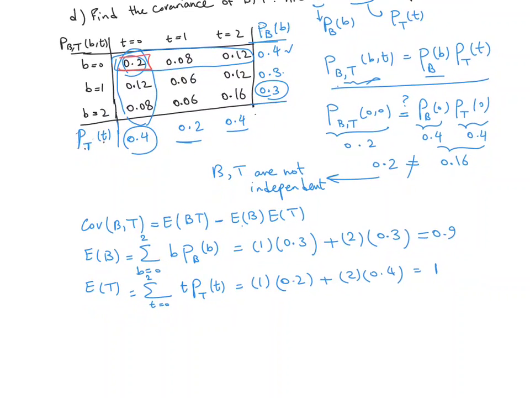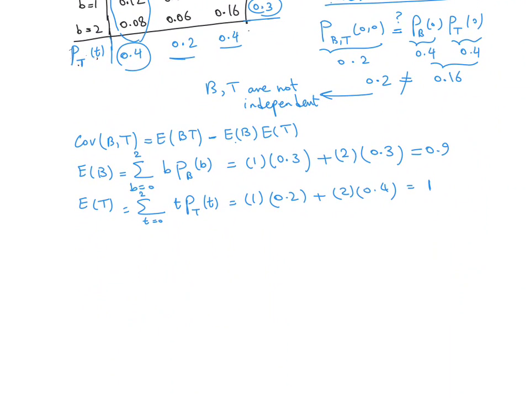In order to calculate the expected value of BT, we can rewrite it as the summation of BT times the joint probability of B and T, which again we have from the table above, for all possible T from 0 to 2 and B from 0 to 2.